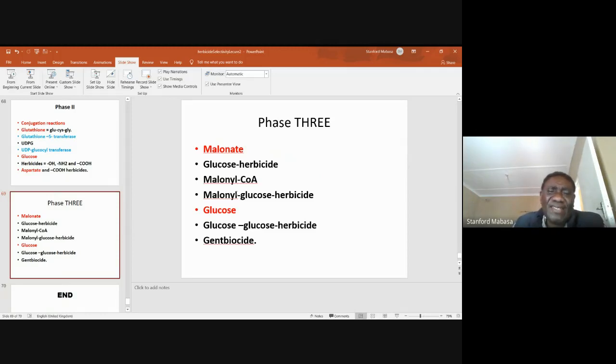So these products can either be stored in the vacuole or they can become part and parcel of the cell wall. And this is how the herbicides are destroyed in plants, resulting in selectivity.